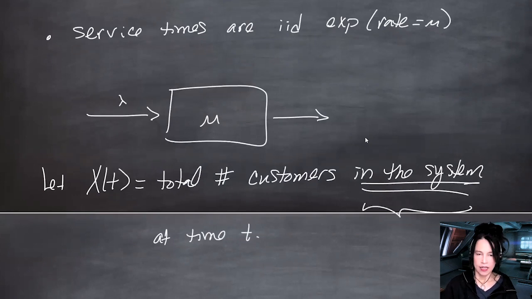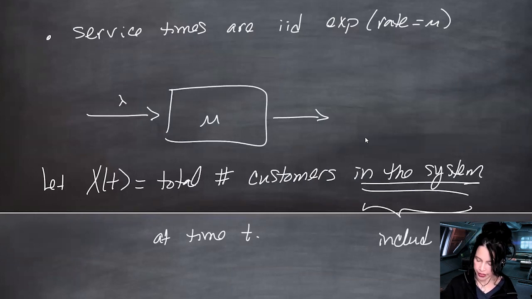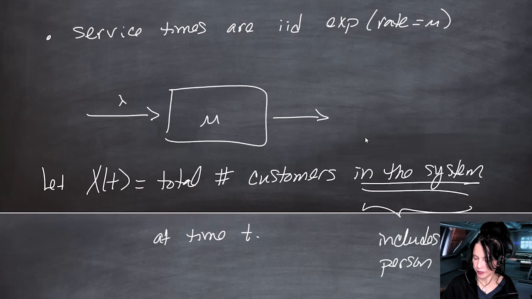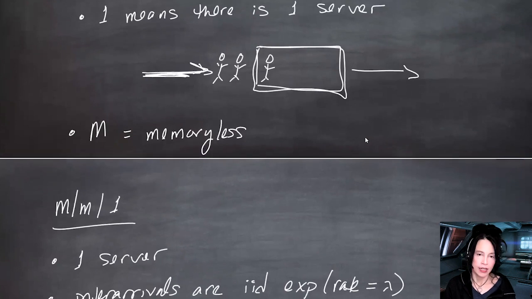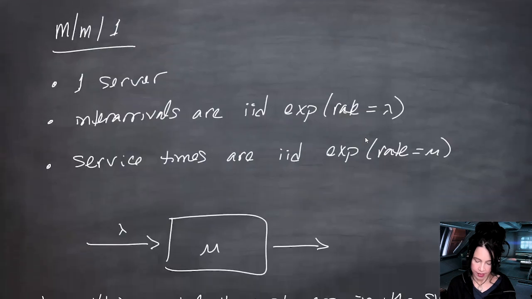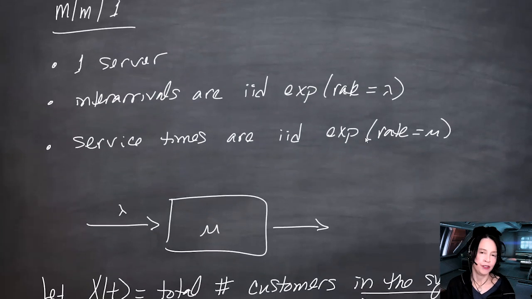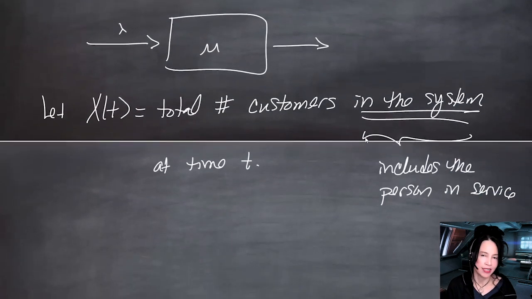This is the people waiting in line and the person in service, so this includes the person in service. The picture I drew back here looks like there are 3 people in the system. This is how you define an M/M/1 queuing process.